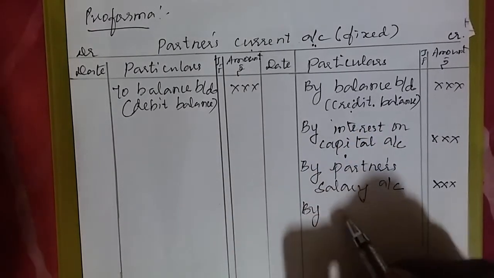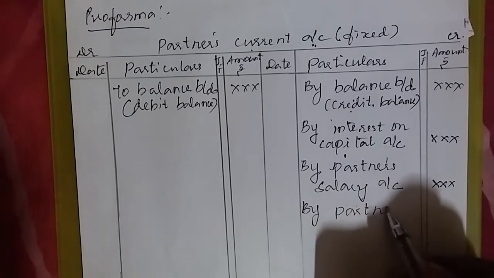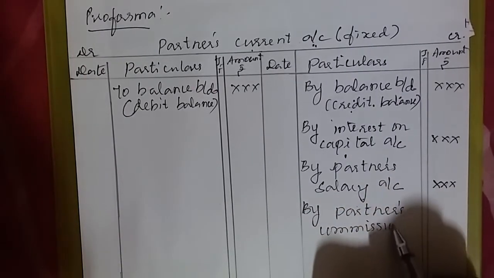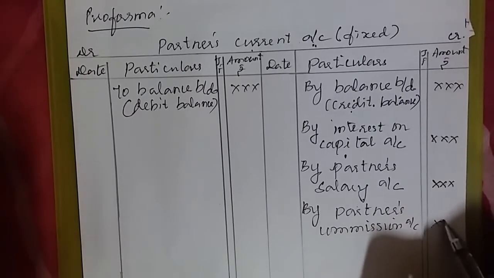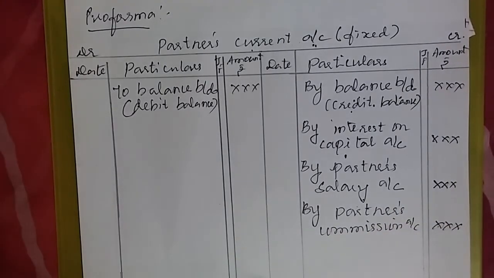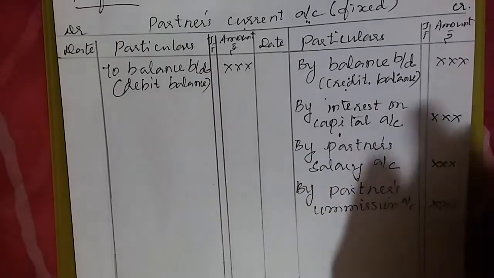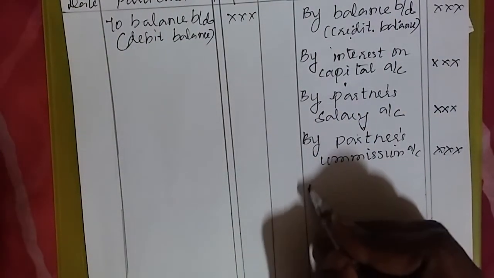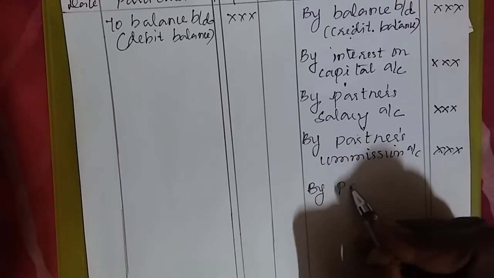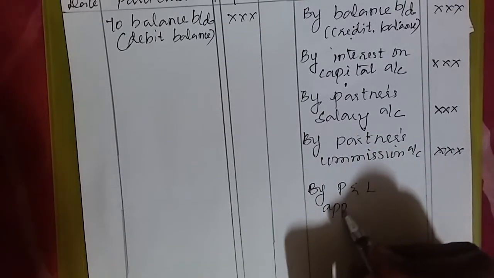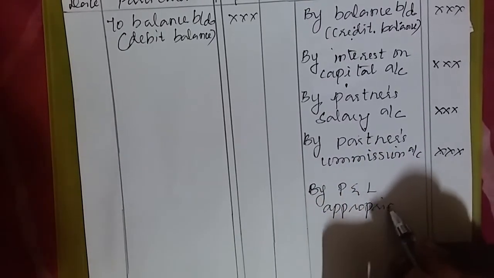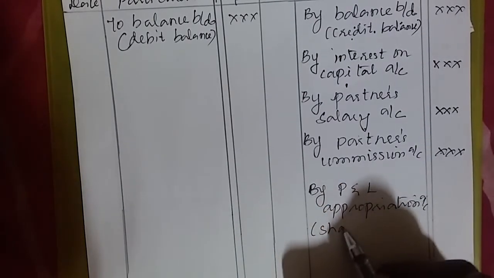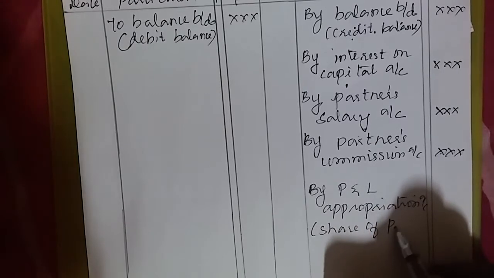And next one, by partners' commission account. Commission is also an income to the partners. We have to take this to the credit side. Next, by P&L appropriation account, share of profit.